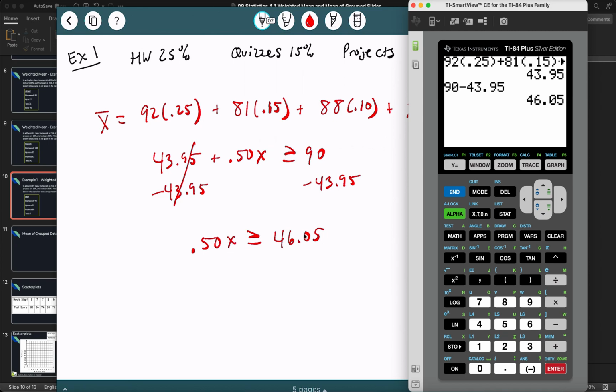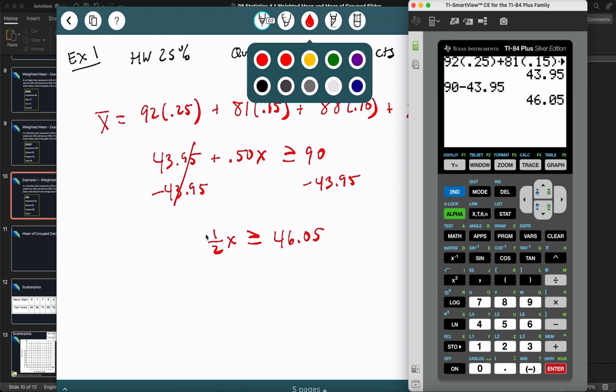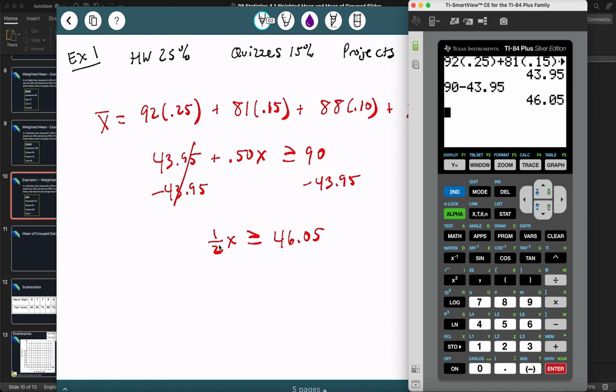Okay, so then finally, there are a few different ways you could do this. Obviously you could do it the straightforward way. It's 0.50 times x, so to undo multiplication, you could divide both sides by 0.50. Or 0.5 is the same as 1/2, right? So if you want to think about this as a fraction, to undo a fraction, you can multiply by the reciprocal. So to undo 1/2, I can multiply by 2/1, or just 2.